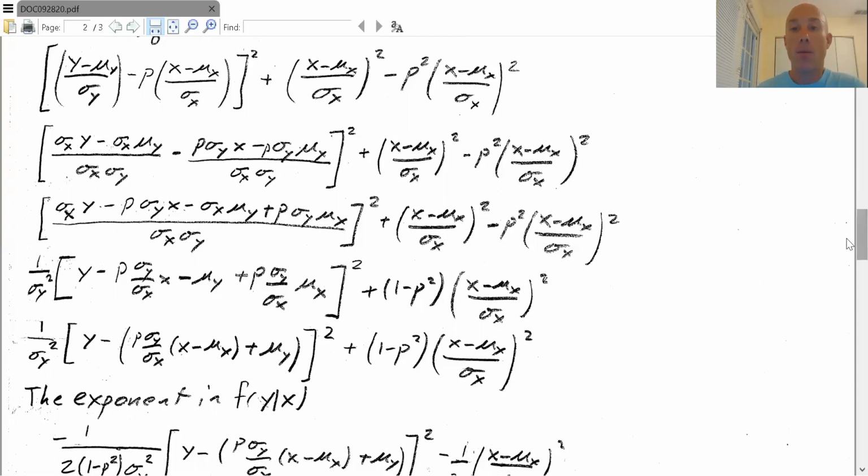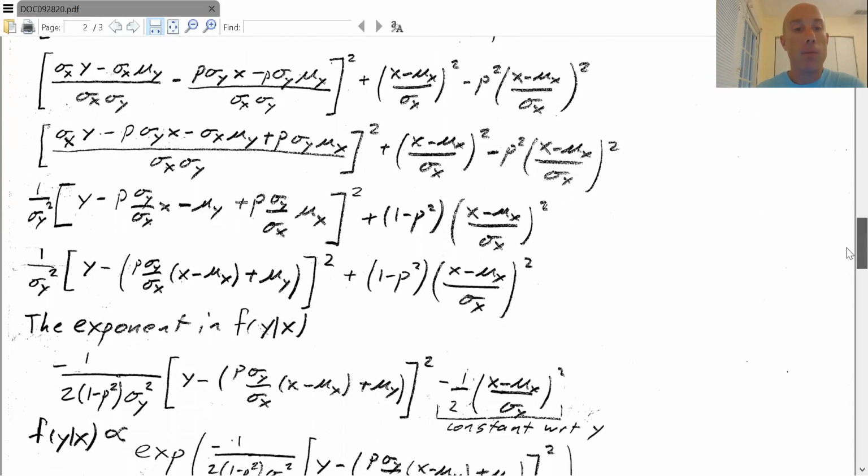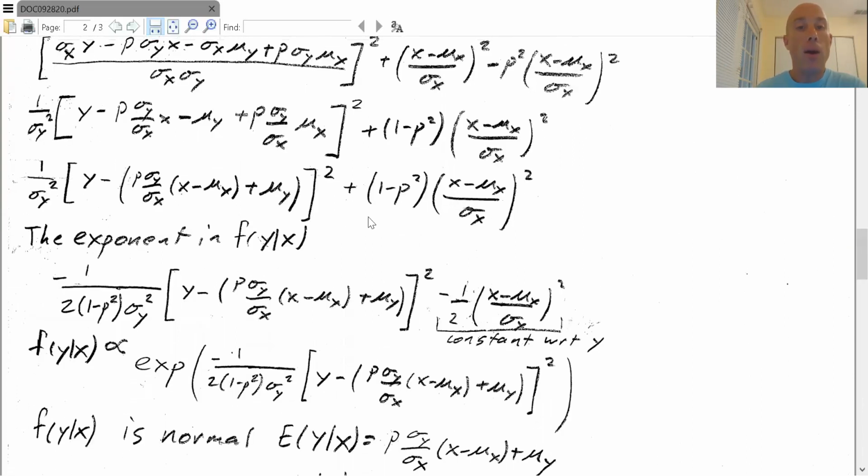Okay, so now let's go ahead and slap this into the entire exponent. Remember, if we look back at bivariate normal, I didn't consider the fraction that had 1 over 2 times 1 minus rho squared. So let's go ahead and slap that on.